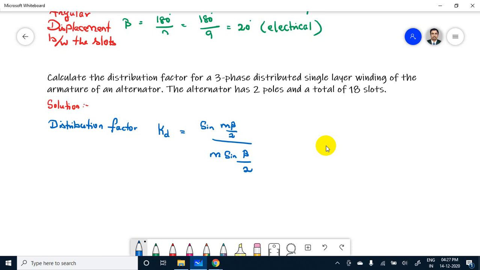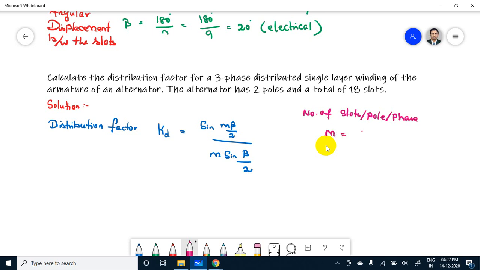So first, you have to calculate m. M is the number of slots per pole per phase.